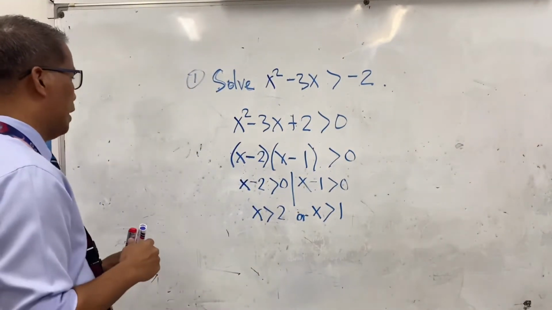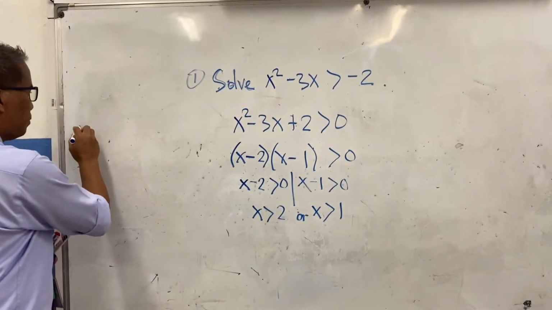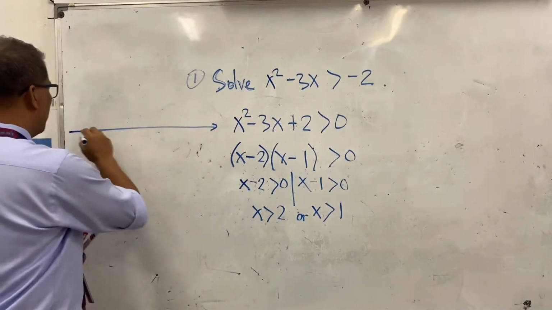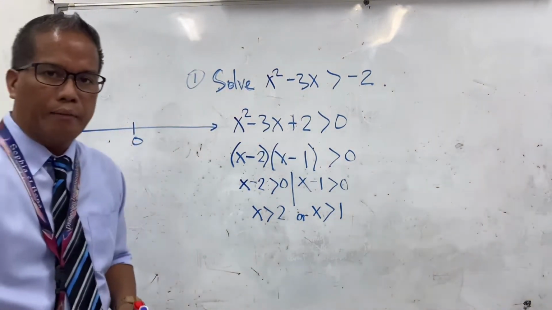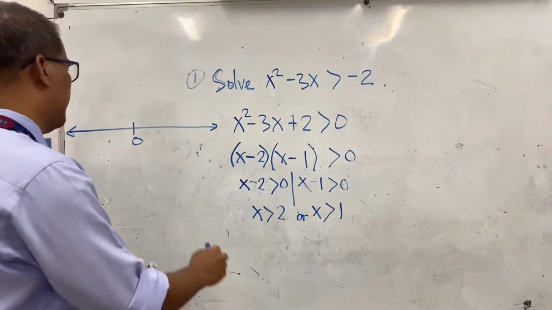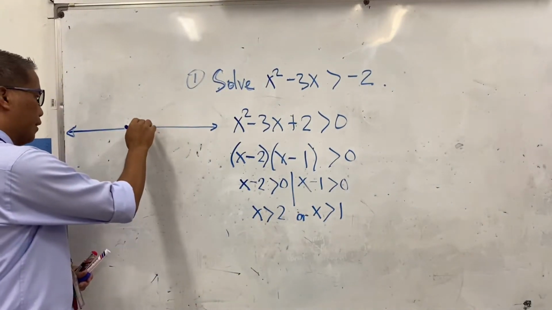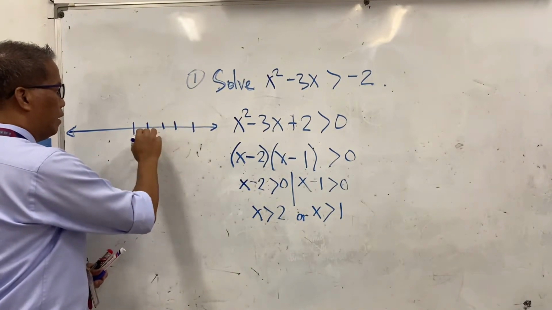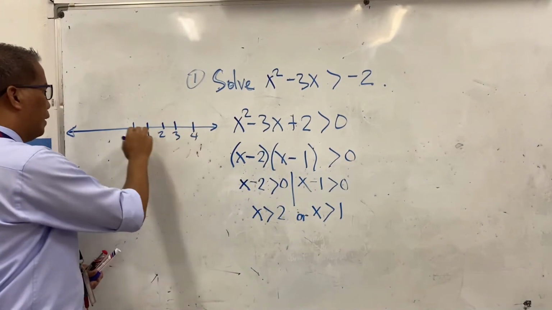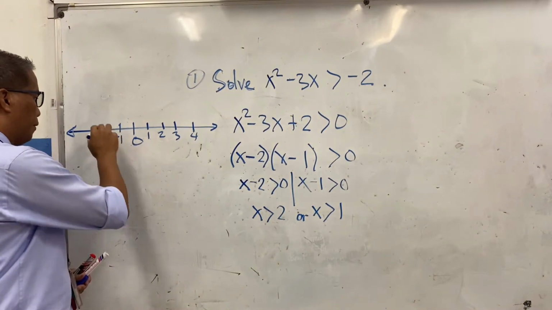So we will use the number line here. Then the middle number is 0. Then at the right side of it are positive numbers. Then at the left side we have negative numbers.